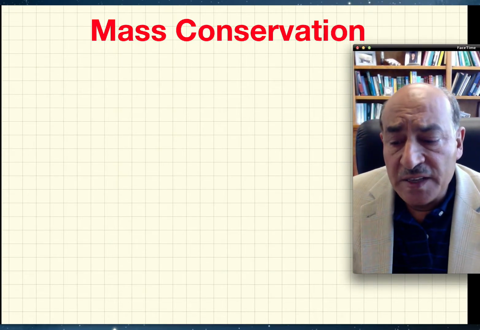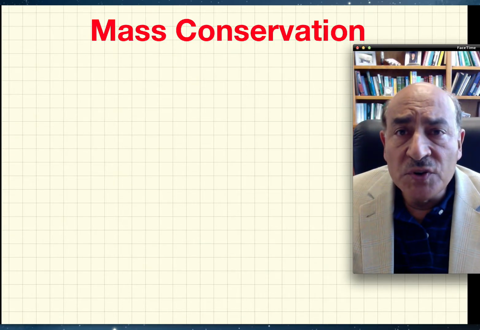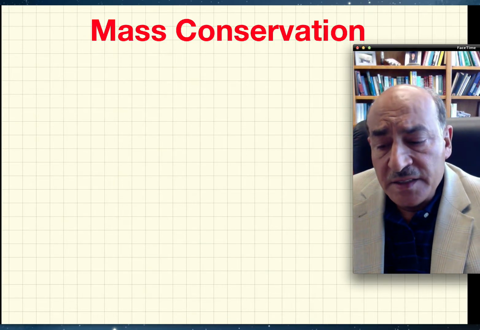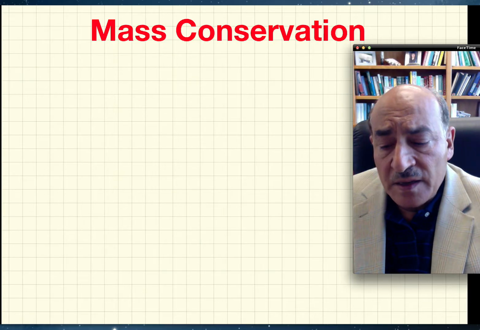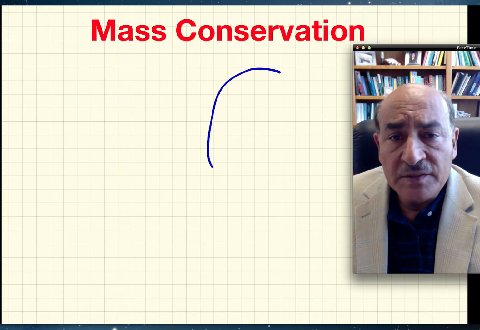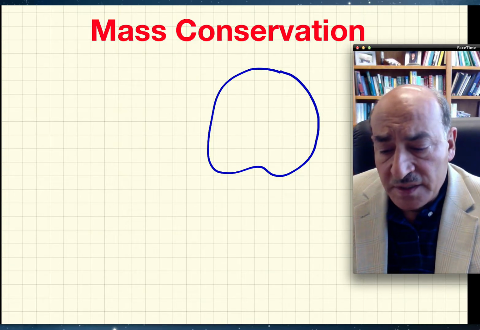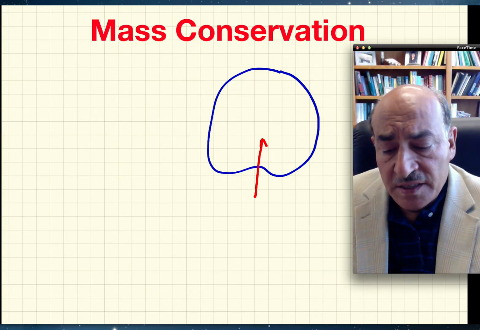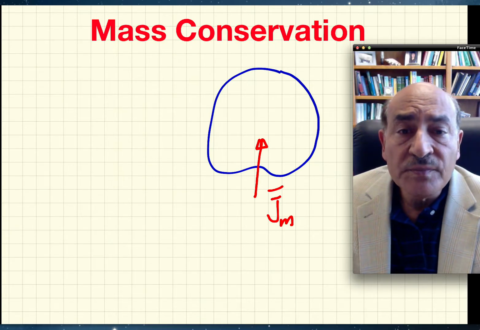So let's assume that I have a total mass and I'm going to conserve it. I'm going to make a volume. Symbolically, I'm going to have a volume here, and this volume will have a flux that, if it goes in, is positive. So J, a mass flux that goes in, is positive. If it goes out, it will be negative.